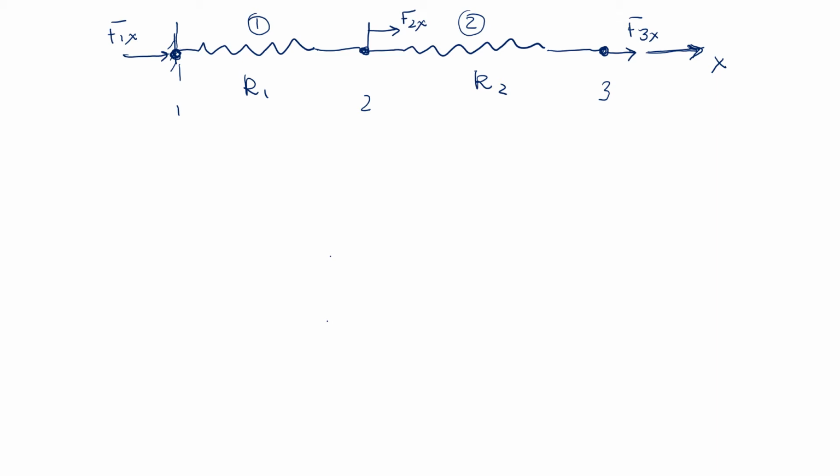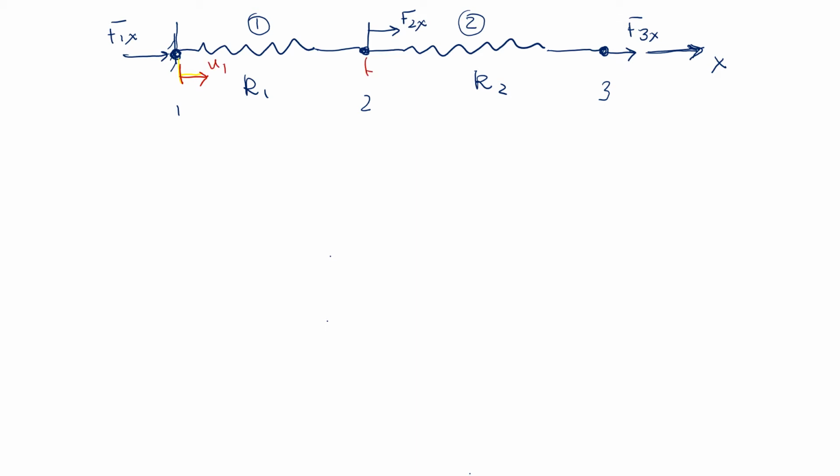But before we do that, let me also identify the degrees of freedom of the entire system. At each node, since these are springs aligned along the x-axis and only subject to forces along the x-axis, we're going to have 1 degree of freedom per node. So at node 1, I'm going to have degree of freedom U1.